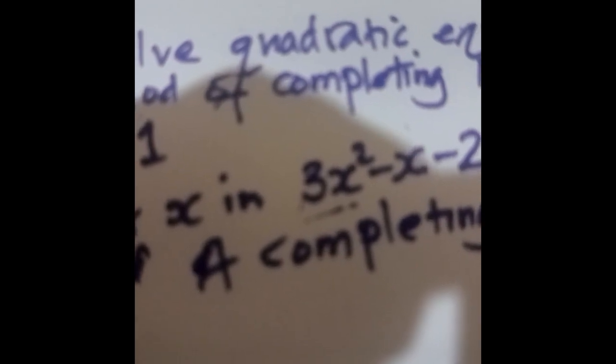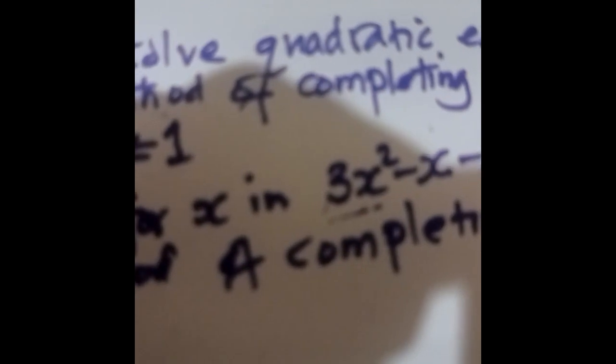So what we'll have after dividing through by 3. We divide by 3 because 3 is the coefficient of x squared. If it was any other number, we would divide by that number throughout the equation.